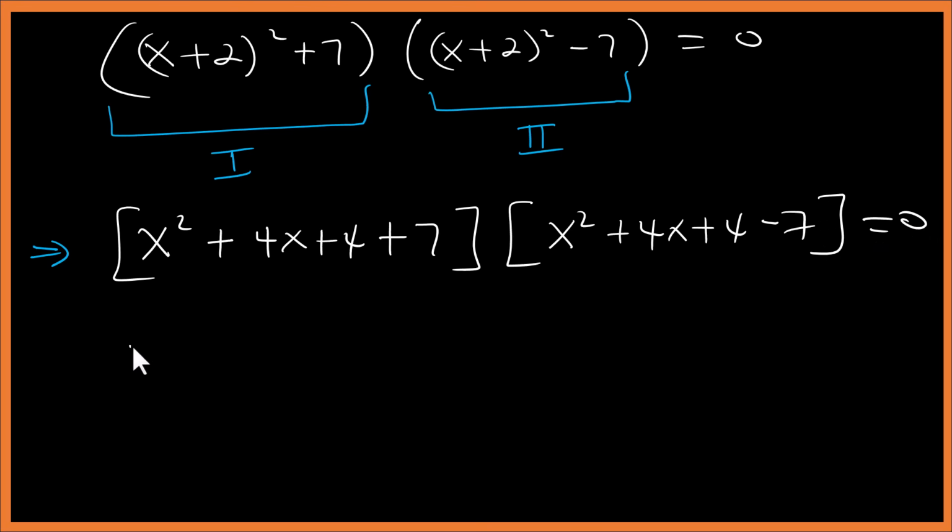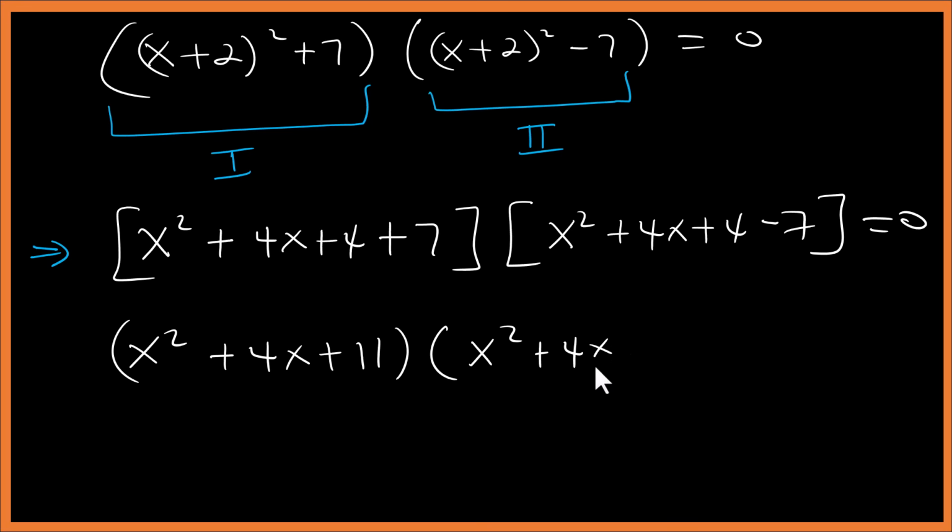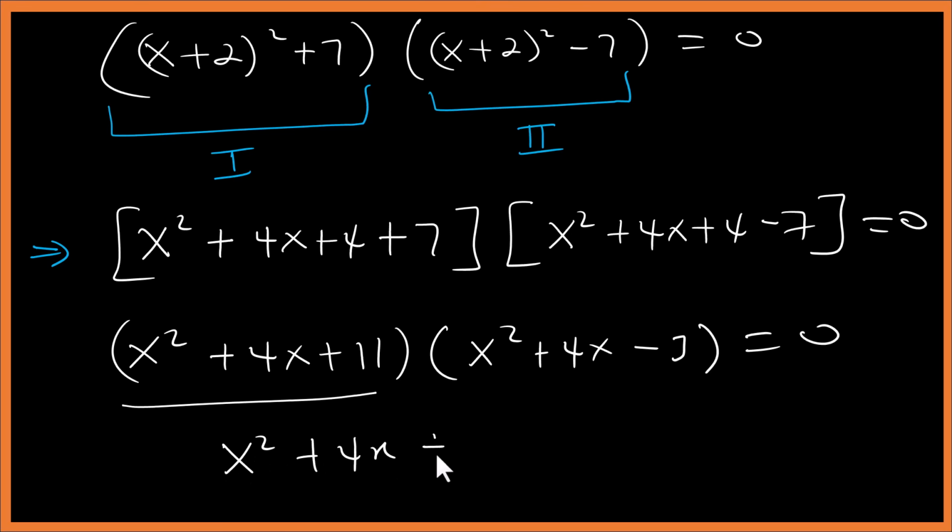So we have x squared plus 4x plus 11, and we have x squared plus 4x minus 3, equal to 0.